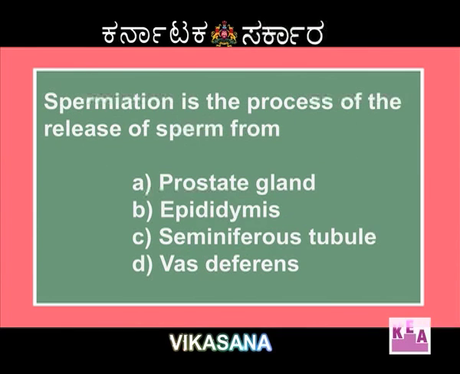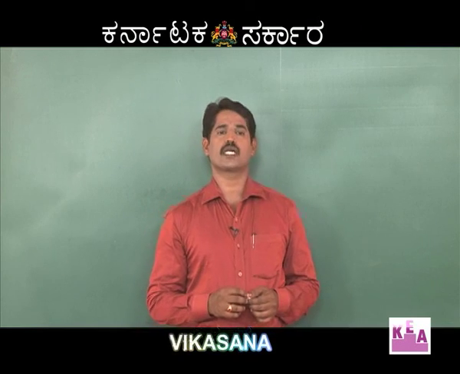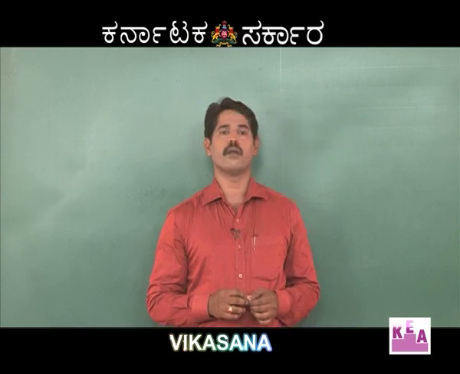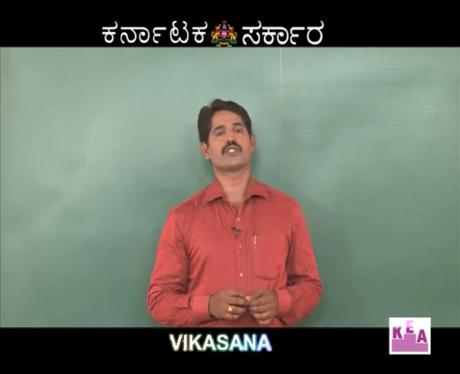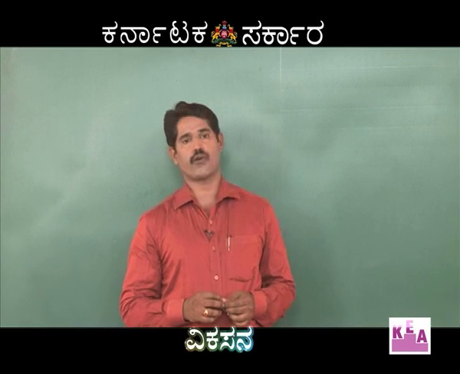Next question. Spermiation is the process of the release of sperm from the prostate gland, epididymis, seminiferous tubule, or vas deferens. The prostate gland, you know, is one of the accessory glands of the human male reproductive system, involved in the secretion of citrate.